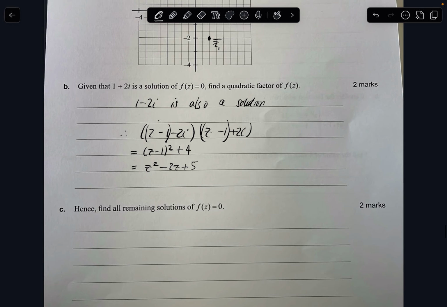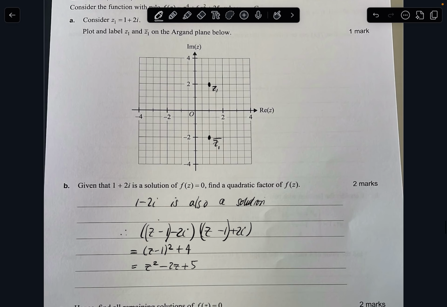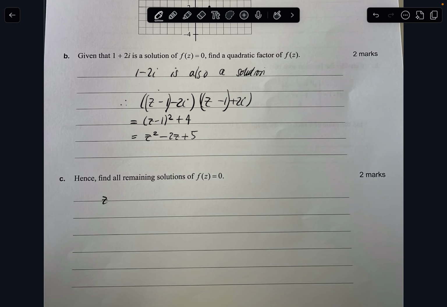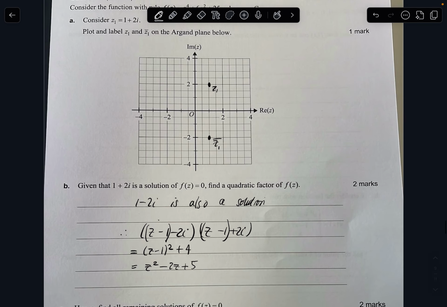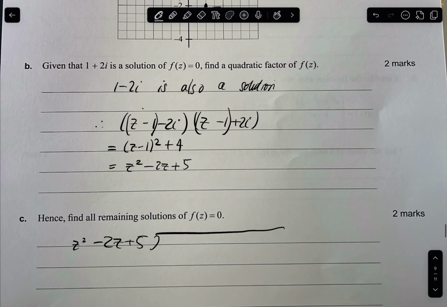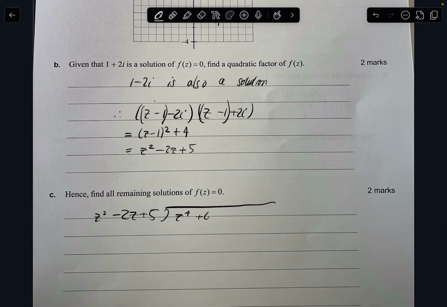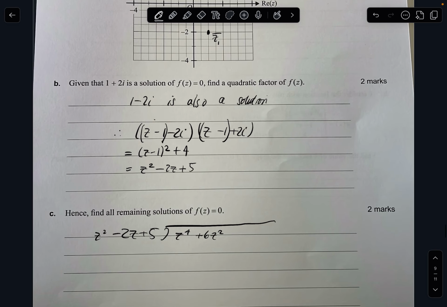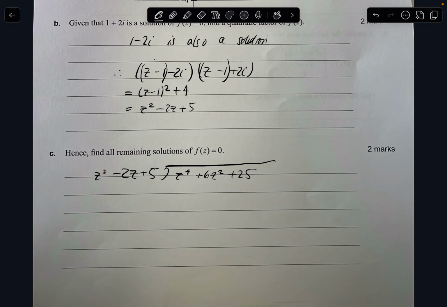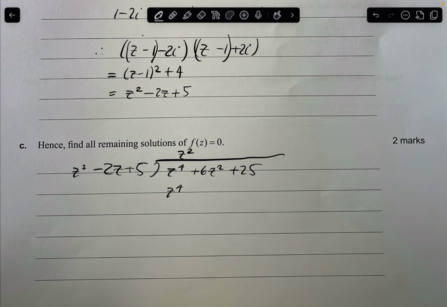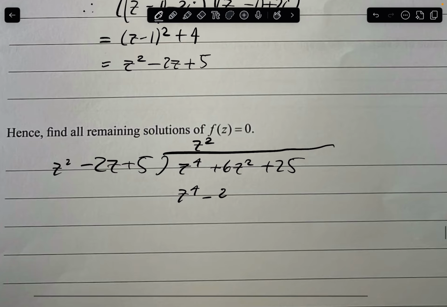Hence, find all the remaining solutions of f of z equals 0. So z squared minus 2z plus 5 into z to the 4 plus 6z squared plus 25. That will be z squared on the top, z to the power of 4 minus 2z cubed plus 5z squared.